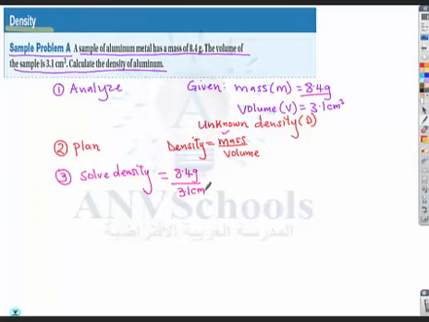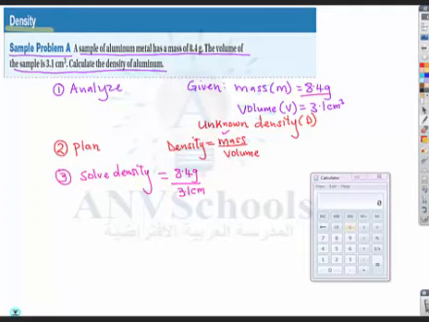So we can use a calculator. Using a calculator, you can get 8.4 divided by 3.1. Then you find the answer here is 2.700.